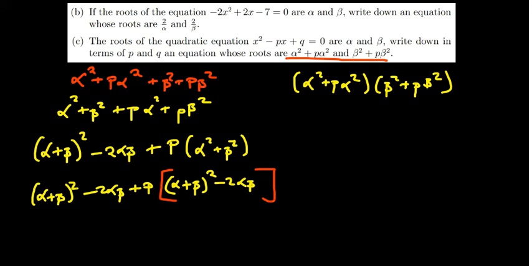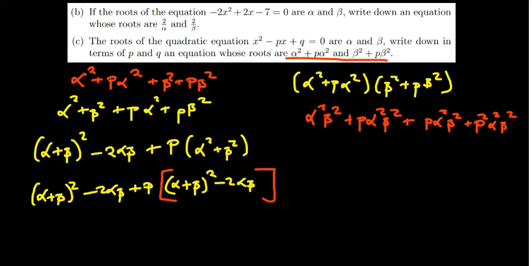Then the other part we need to multiply, so I have alpha squared beta squared, and then we'll have p alpha squared beta squared, and then we'll have p alpha squared beta squared, and then we'll have p squared alpha squared beta squared. Yeah, so we need to ensure they are in the form of multiplication and addition. So that can be written as alpha plus beta and then squared and then plus p.